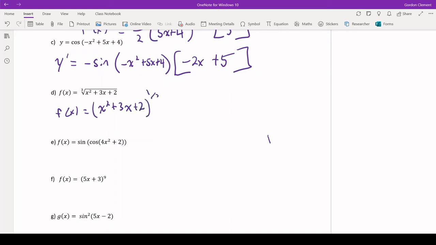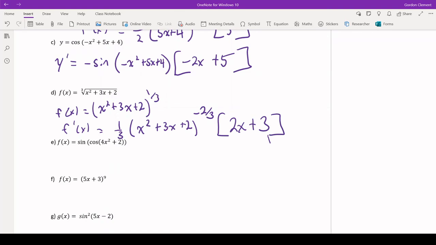Rewrite the third root as to the power of 1/3, and then take the derivative. The 1/3 comes down. You get x squared plus 3x plus 2. That stays put. We're going to end up with negative 2/3 when you subtract 3/3 from 1/3, and then completely separately multiply by the derivative of the inside. There we have it.